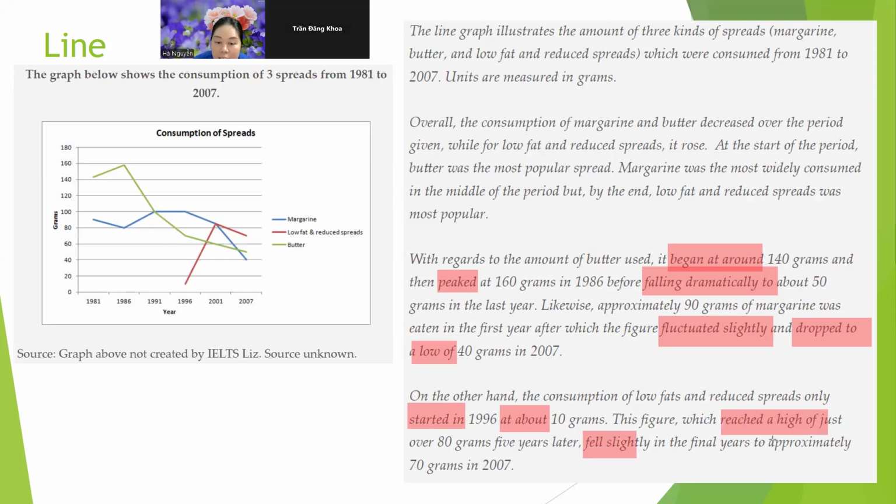And remember to use verbs and adverbs, and you can also turn the verb and adverb into adjective and noun. So for example, fall dramatically, so experience a dramatic fall. Fluctuate slightly, saw slight fluctuation.